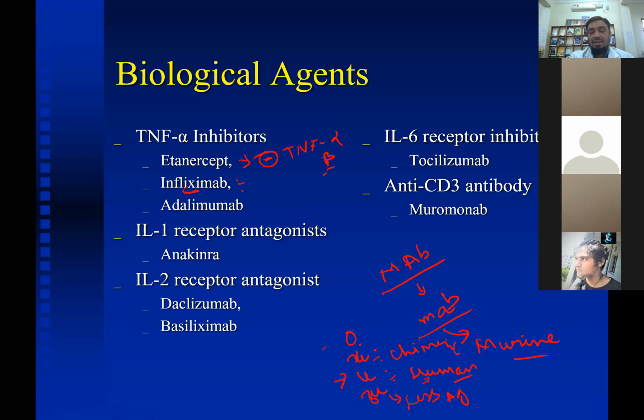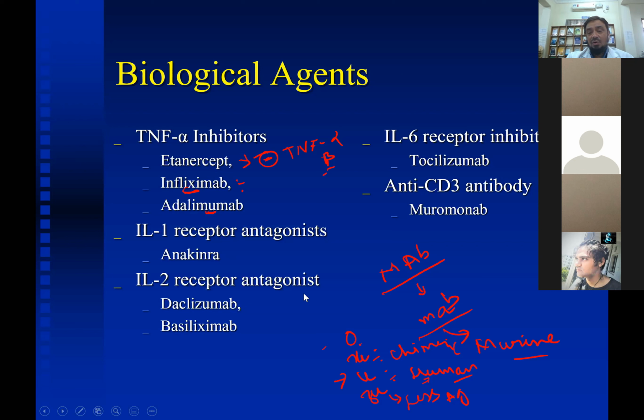And adalimumab is a human monoclonal antibody, and it will have the least allergic reactions. Now, the interleukin 1 receptor antagonist is anakinra. So anakinra is used in the treatment of rheumatoid arthritis.